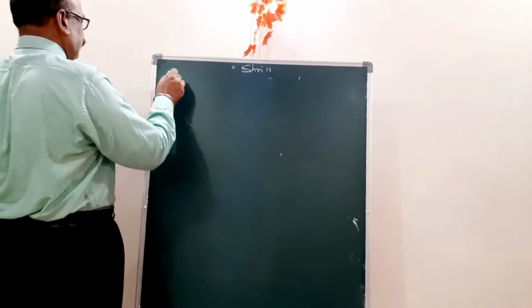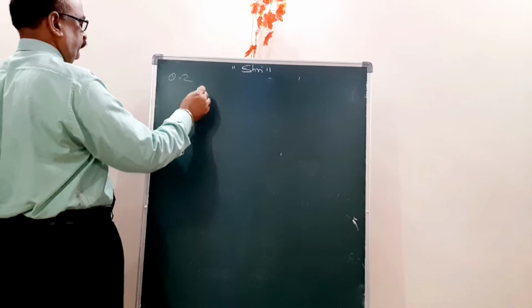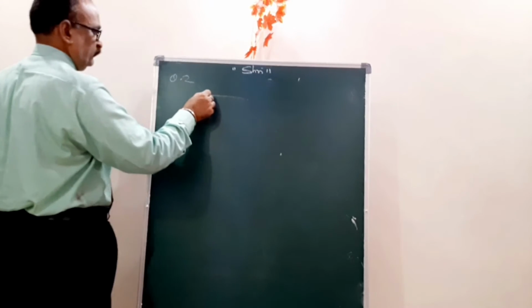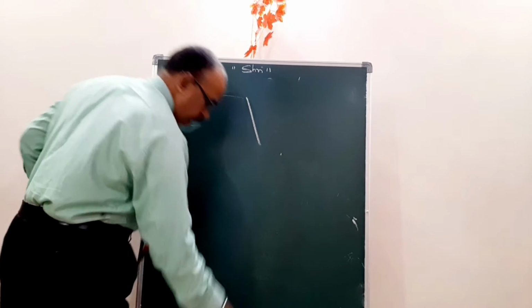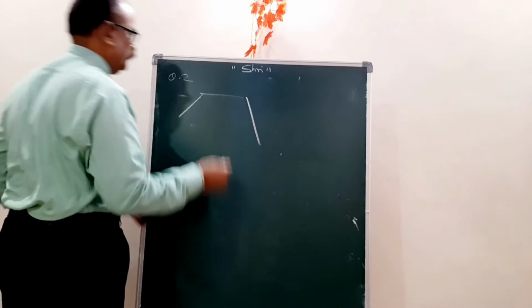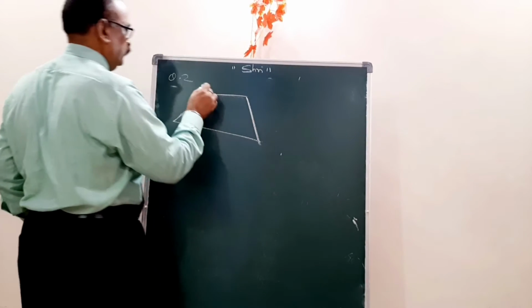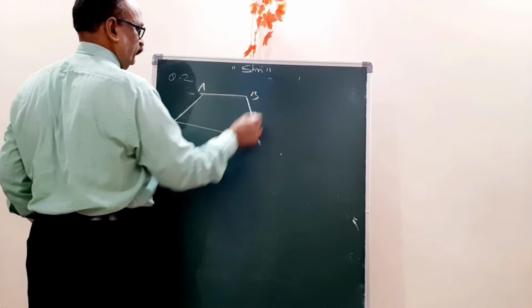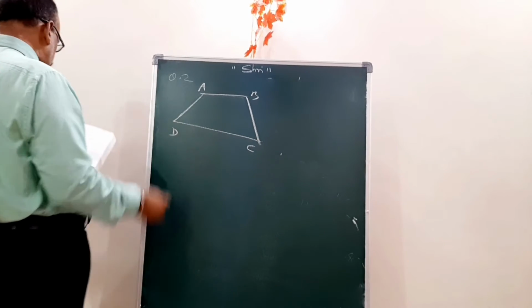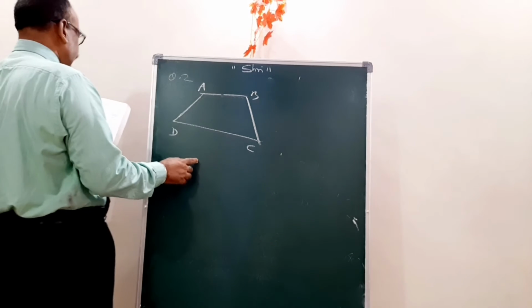Question number 2 is: AB is parallel to DC.